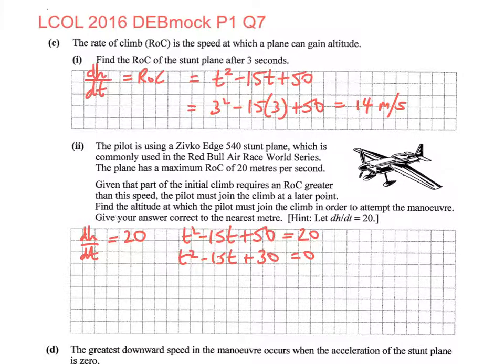Since they tell us that they want the answer correct to the nearest meter, it's likely we're going to need to use the minus b formula. And if we use the minus b formula, to cut a long story short, and to be honest with you, the space they've given you here isn't particularly enough, we get two solutions, and those two solutions are 15 plus or minus the square root of 105, all divided by 2.